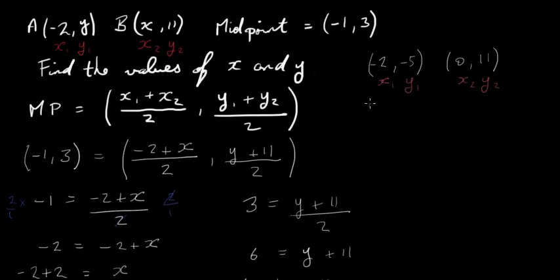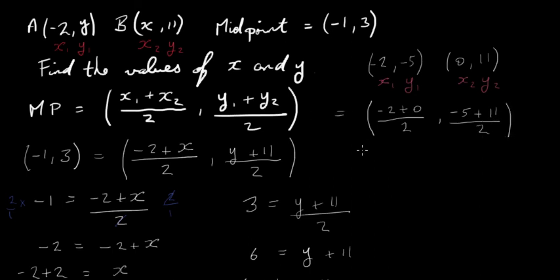Okay, so let's just put them in. So we have x1 plus x2, so that's minus 2 plus 0, and we want to divide that by 2. Y1 plus y2, so that's going to be minus 5 plus 11. We want to divide that by 2.